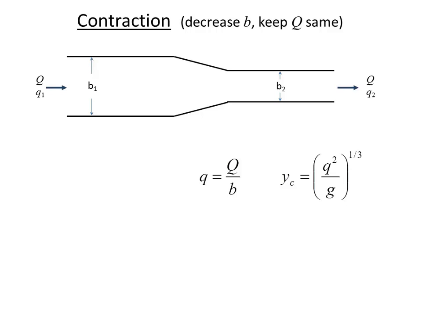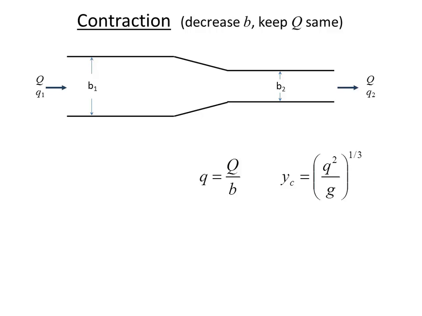It gets bigger. A small b gives you a big lowercase q. So that increases. By making the channel narrower, you're packing more flow per unit width. Each meter of width in the channel is carrying more water than it did before. So lowercase q gets bigger. What about the critical depth? What's going to happen to the critical depth at 2 compared to the critical depth that it used to have at 1?